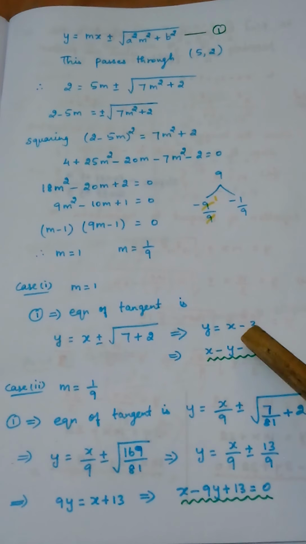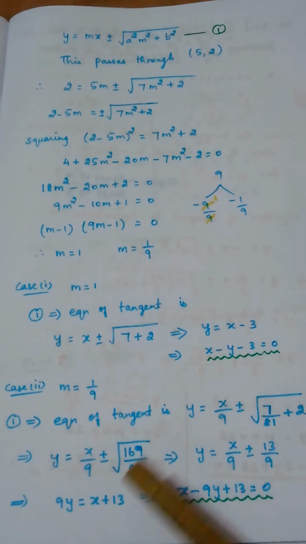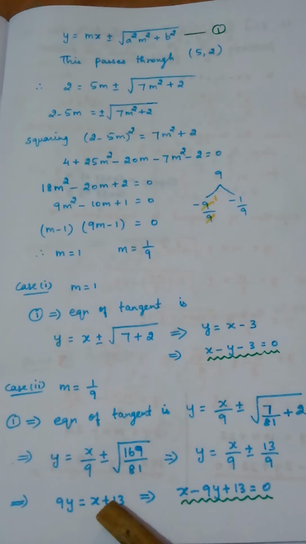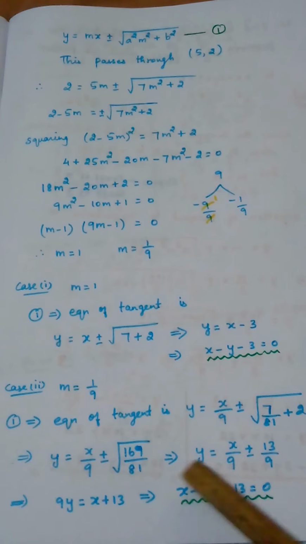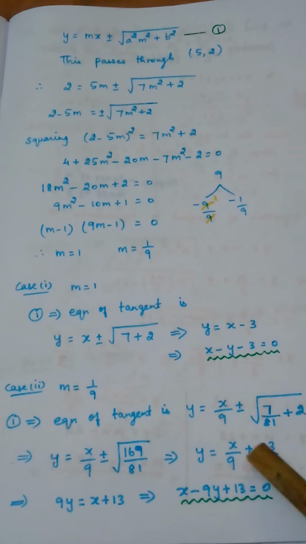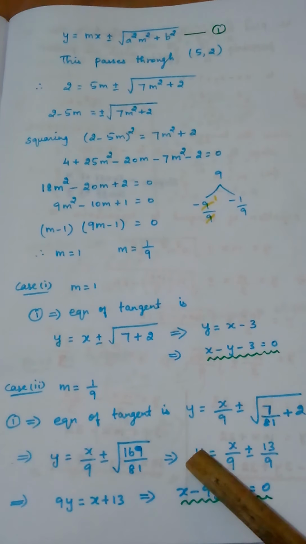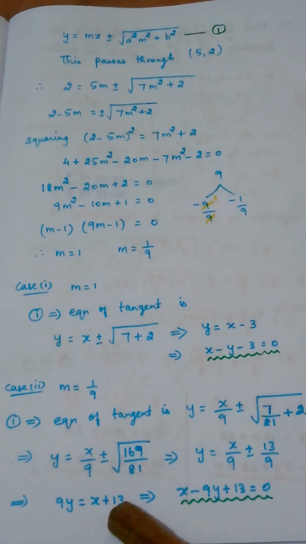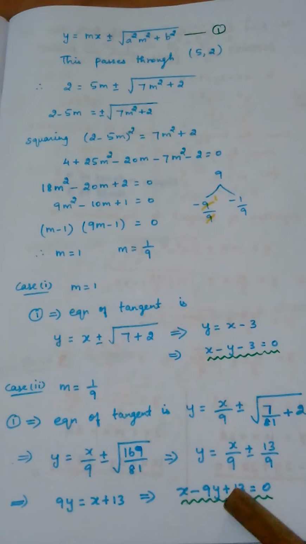There we took only the minus sign, and here only the plus symbol. LCM is 9, so that 9 is cross multiplied here. So 9y equal to x plus 13, or x minus 9y plus 13 equal to 0 is the equation of another tangent. So this is one tangent equation, and this is the second tangent equation.